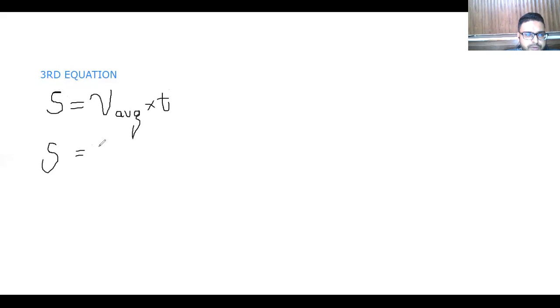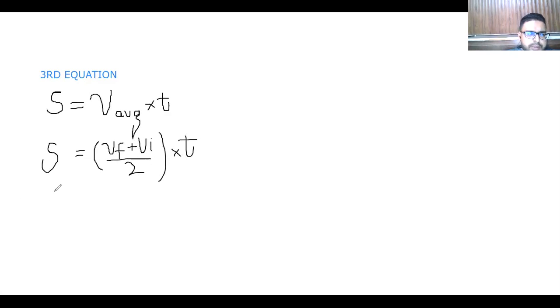When we open this formula, average velocity becomes Vf plus Vi divided by 2, and multiply it with time.